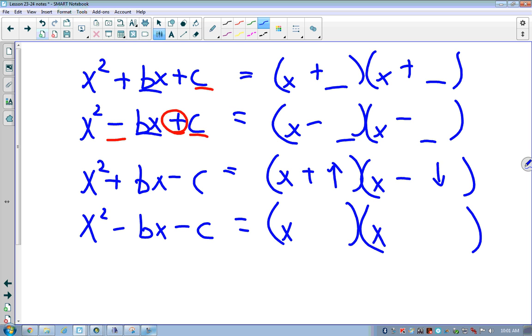Okay, the only way to multiply and get a negative is to have a positive and a negative, correct? Okay, but how would I get this negative value over here? What would have to be true? The negative absolute value would have to be greater than the absolute value of the positive. All right, so do you guys understand the arrows there in terms of what's bigger, what's smaller?